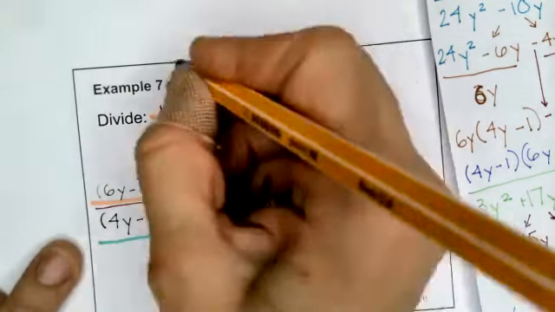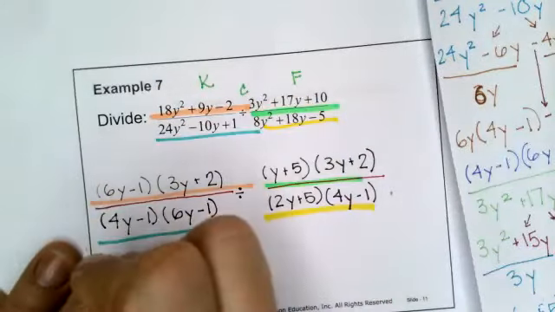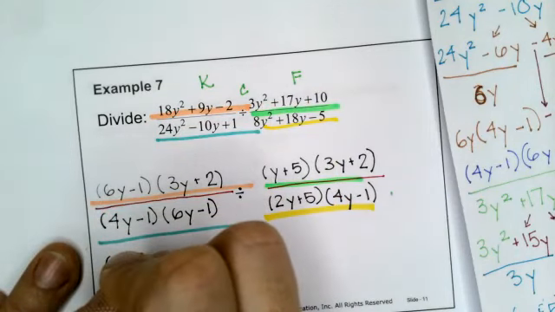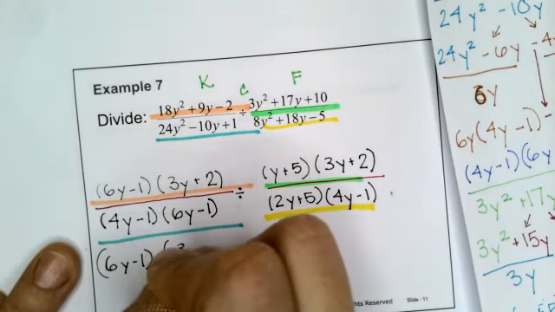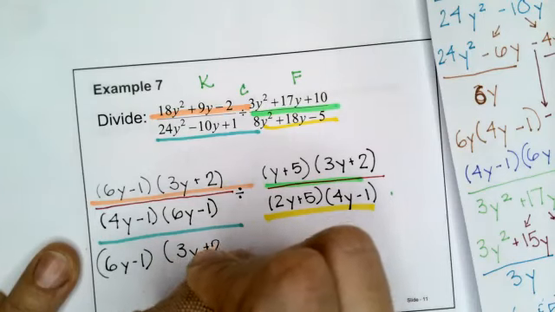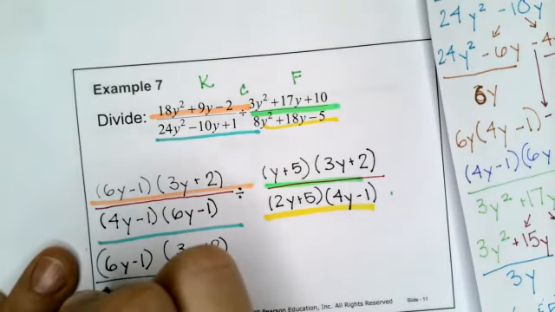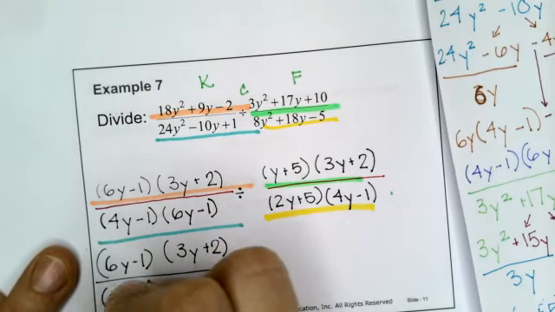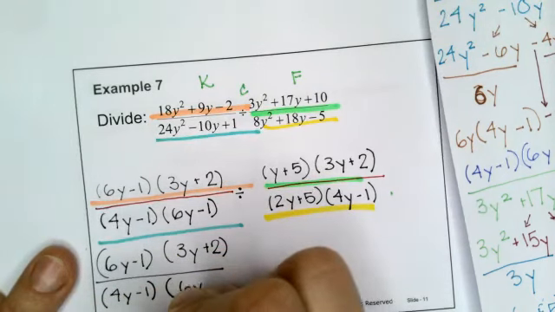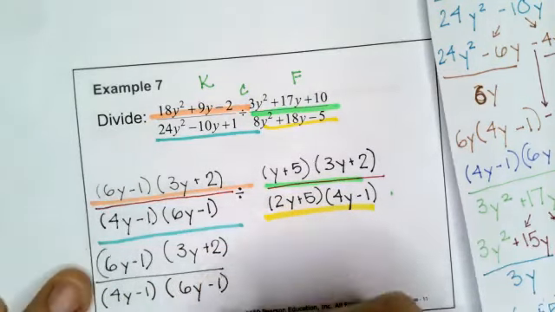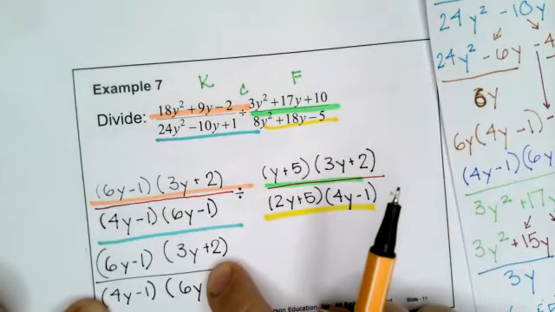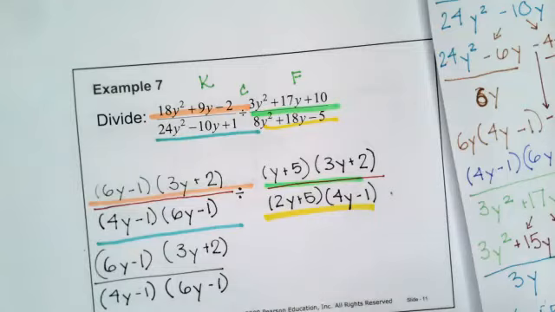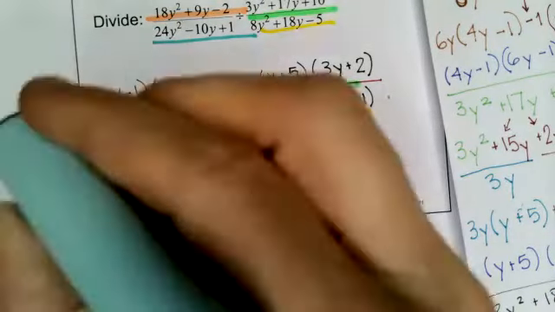So I'm going to keep this, right? This is a big K. 6y minus 1, 3y plus 2, 4y minus 1, 6y minus 1. And if you want, you can cancel those and just call this whole thing 3y plus 2 over 4y minus 1. Nothing wrong with that. You can cancel it right now.